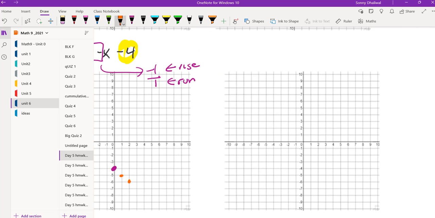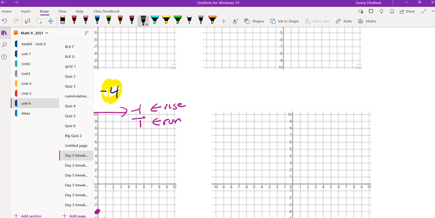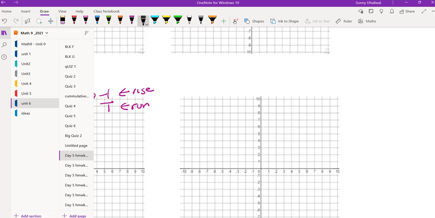Now, there will be some questions on your assignment where I'll say, hey, I'm going to give you a point right here. That point's on the line. That line also has a slope of -2/3.